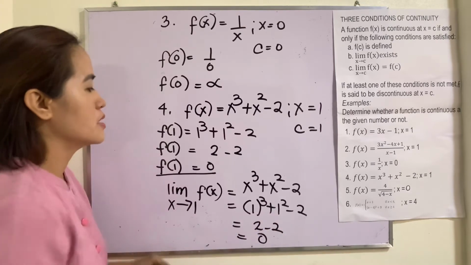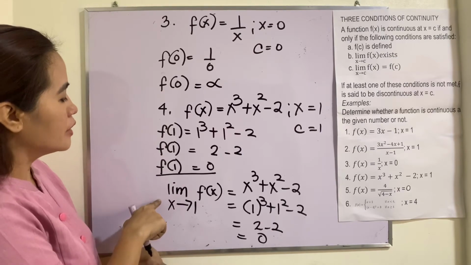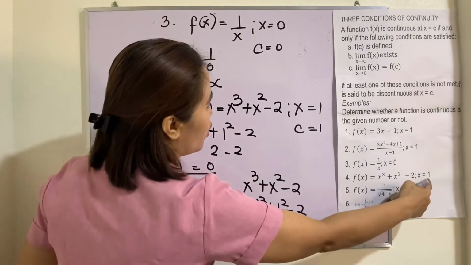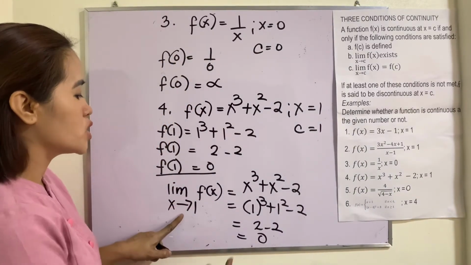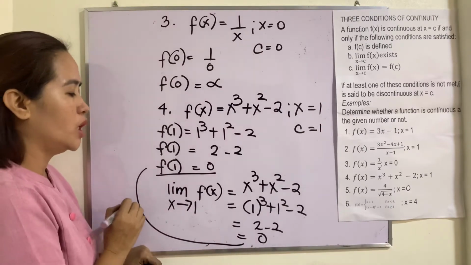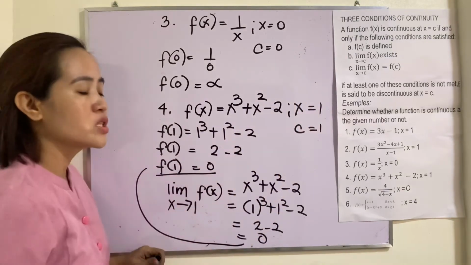This one is 0. So we can say that the function is continuous at x equals 1 because the limit of f of x as x approaches 1 is equal to 0, and that is also equal to f of c. The three conditions are satisfied.